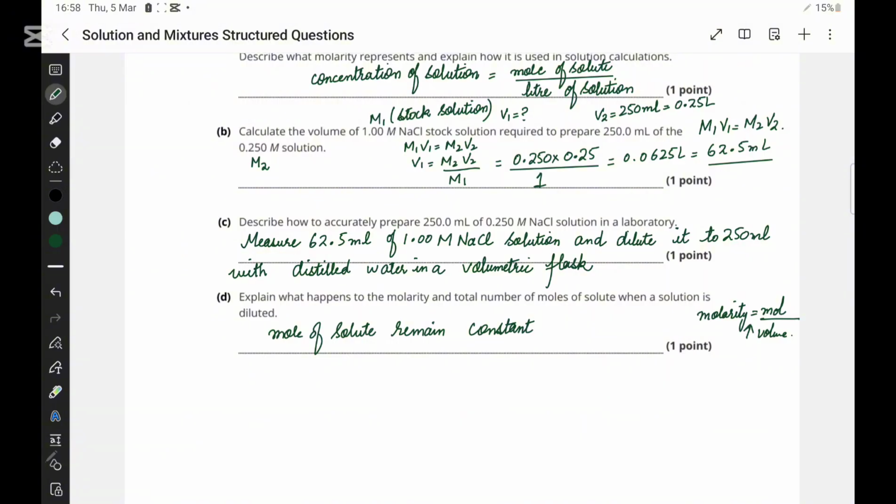As molarity and volume are inversely proportional, increasing the total solution volume will decrease the molarity.